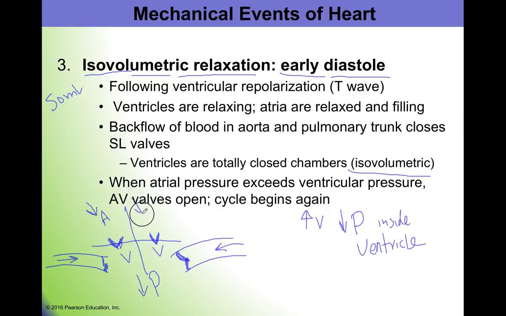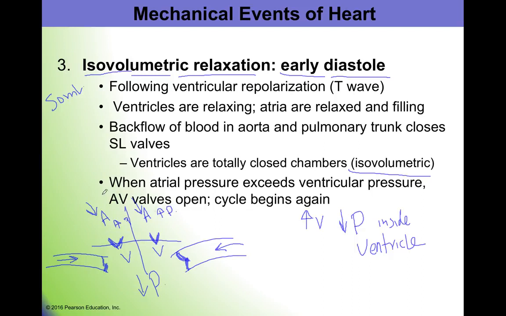Atria are getting a lot of blood into them, right? So as blood is coming into the atria, either on the right-hand side or the left-hand side, there's going to be an increase in volume. An increase in volume causes an increase in what? Pressure, exactly. So there's a buildup of pressure right here.